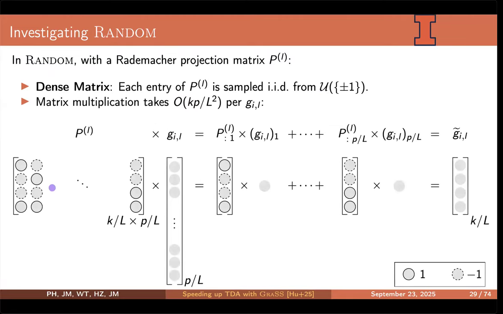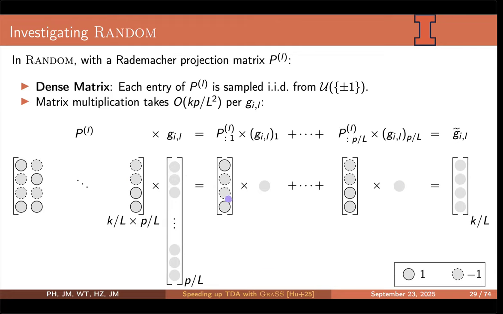But in a picture, it looks something like this. This is your P, which is fully dense. There's nothing zero here. Every entry is either 1 or minus 1, let's say. Then we multiply this with your input, or your per-sample per-layer gradients. If you take the column viewpoint of matrix-vector multiplication, it is exactly this.